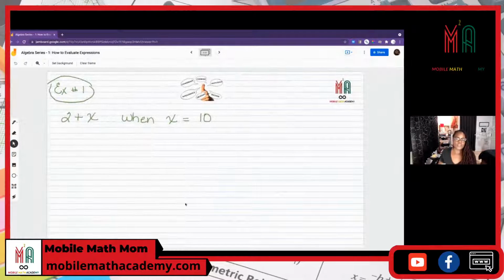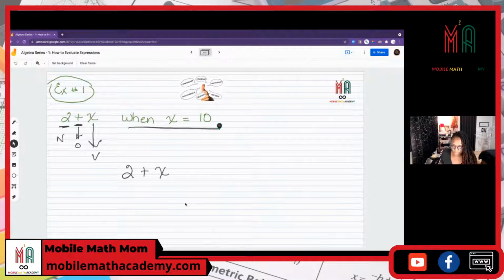All right, so when we're going to evaluate an expression, what we do is we substitute. Substitute means that you want to take something and replace it with something else. So here we have 2 plus x. This is our number. This is our operation. And this is our variable. Now we want to evaluate 2 plus x when x equals 10.